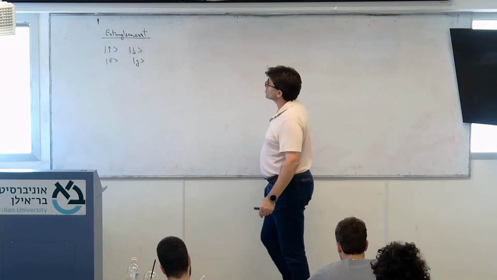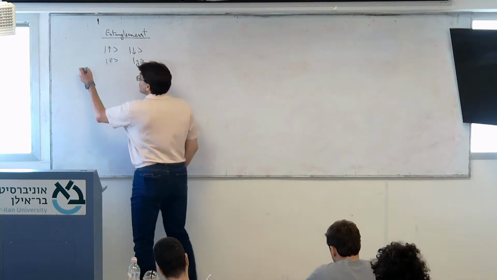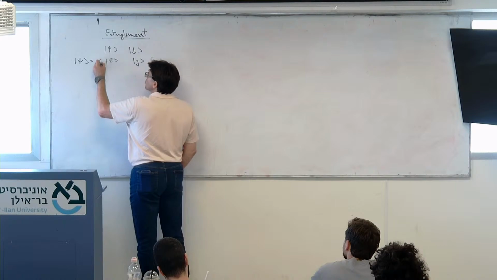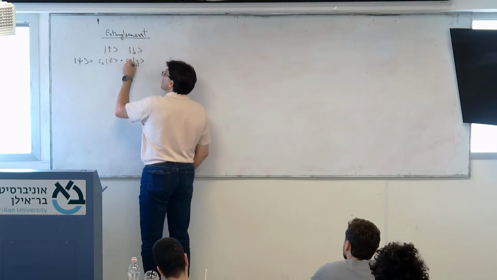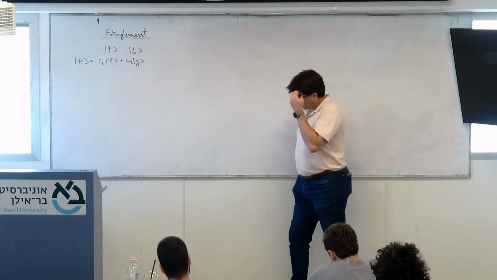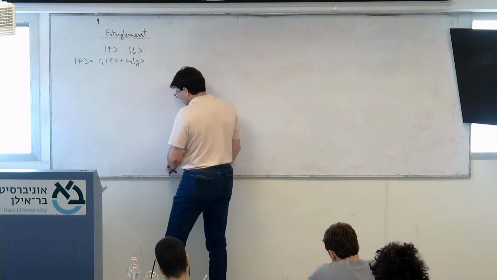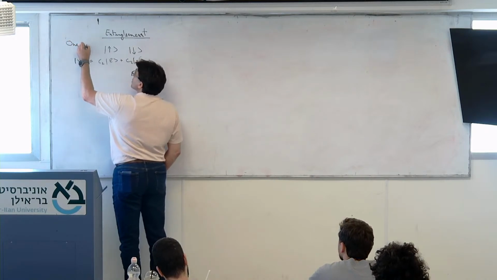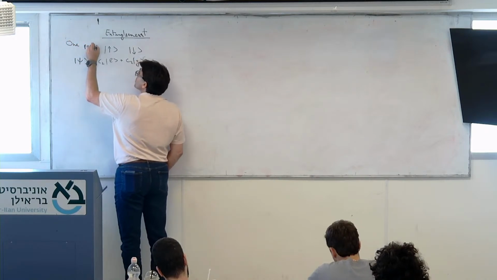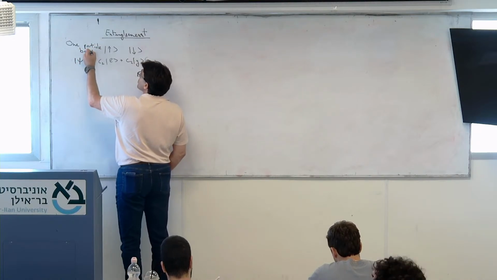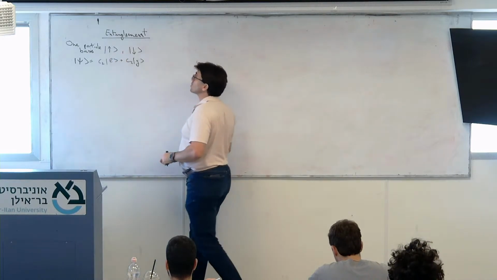But of course, the quantum state can actually be a superposition of those. So for one particle, the basis has two states.